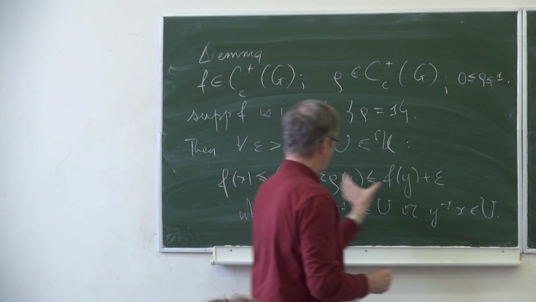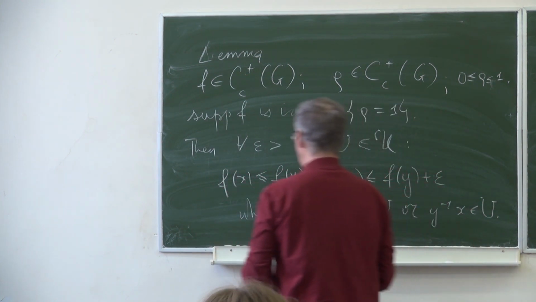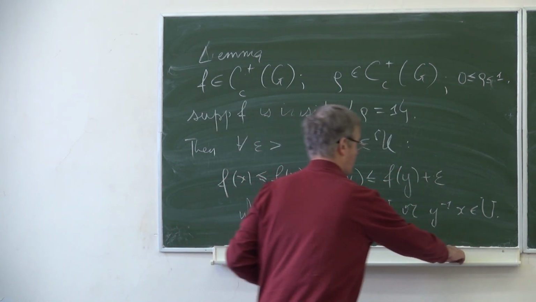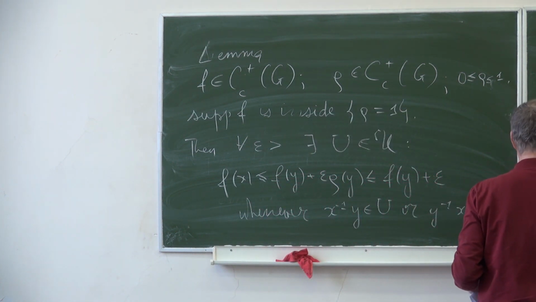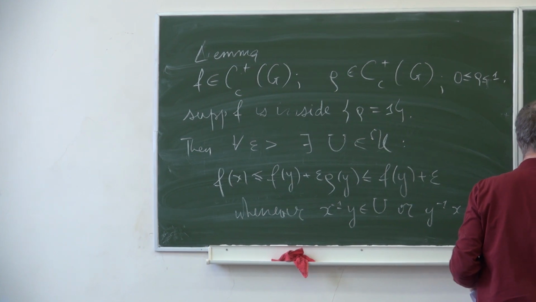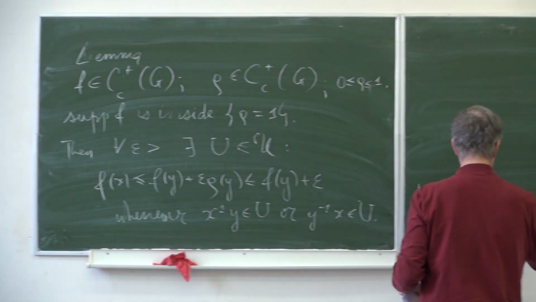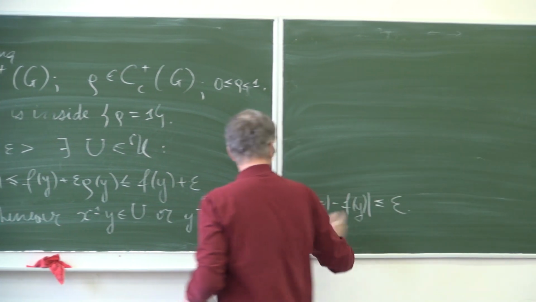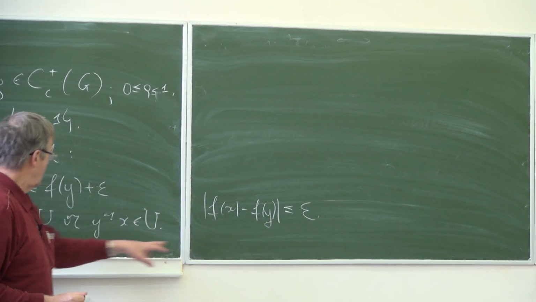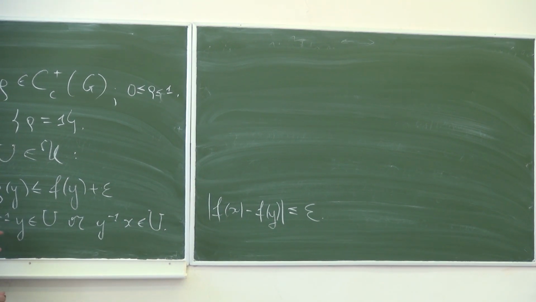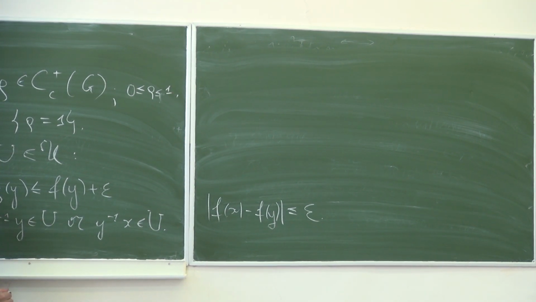If we consider this inequality, we see in particular that all this implies that this difference is dominated by epsilon in whatever order, because x and y have the same rights here, so we can interchange them.